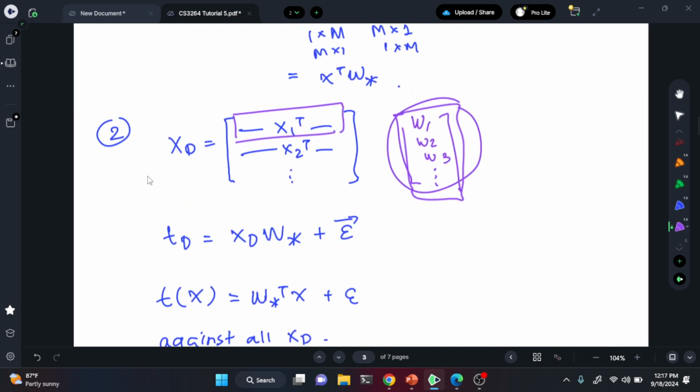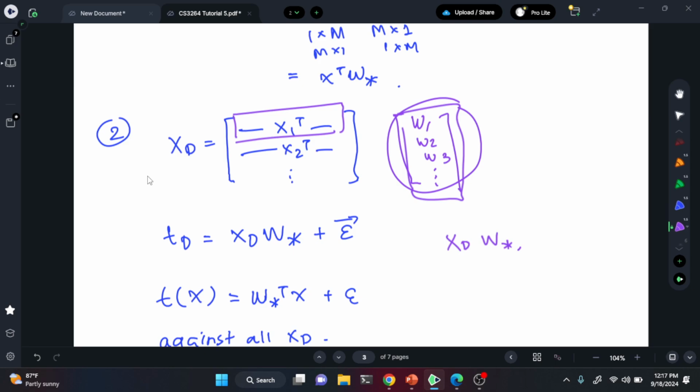I can achieve this by multiplying my XD with the W. Note that my W itself is a column vector, so this already is a column. If I multiply this by my XD, then this will multiply every row of XD, which is basically every instance, with W.